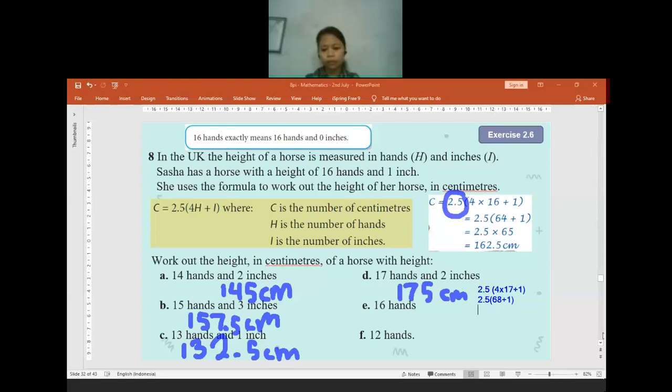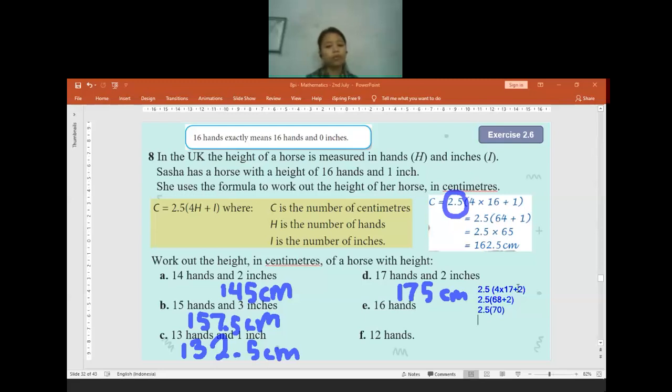Oops, sorry, not plus 1, plus 2, because it is 2 inches. So it will be 2.5 times 70, which equals 175.